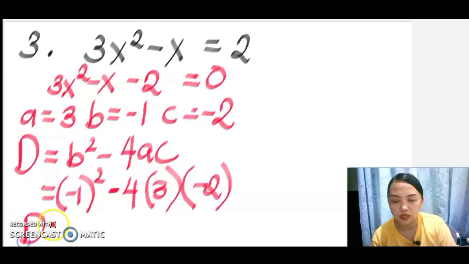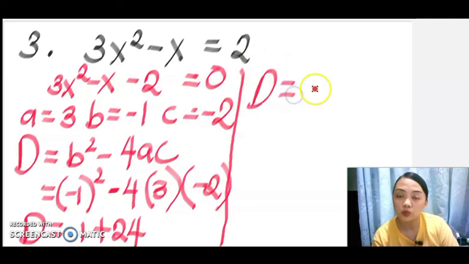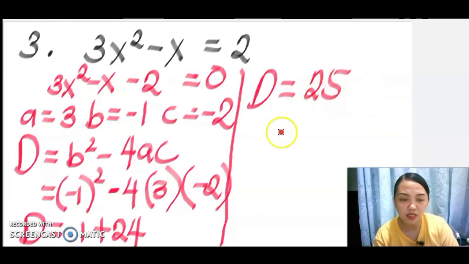Okay, so we have, what is negative 1 square? Okay, positive 1. Negative 4 times 3 is negative 12. Times negative 2, we have positive 24. Okay, so D is equal to 25. So, as you can see, positive numbers.